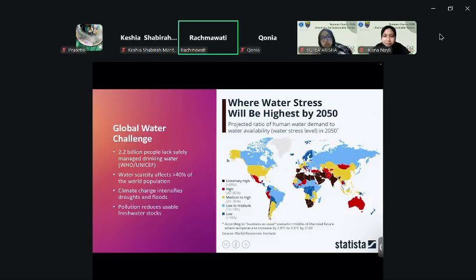For example here, the one with brown color is extremely high stress. But here in Indonesia, it's considered medium to high, so not that urgent, so to say. We still have enough water, not in the red or even the brown color.